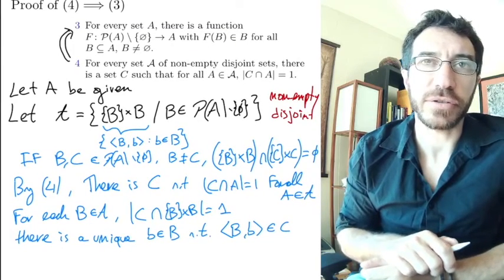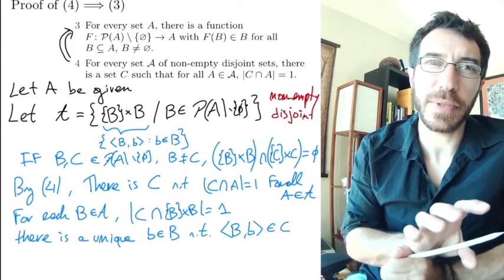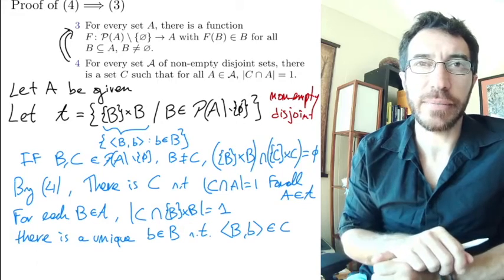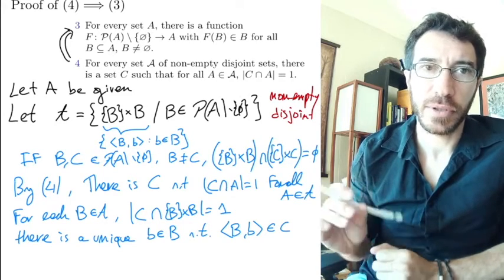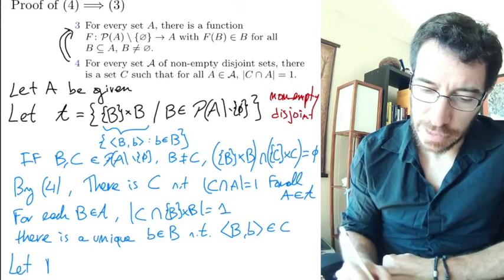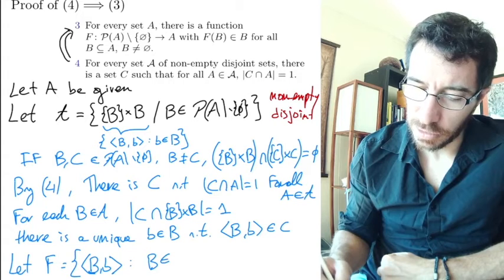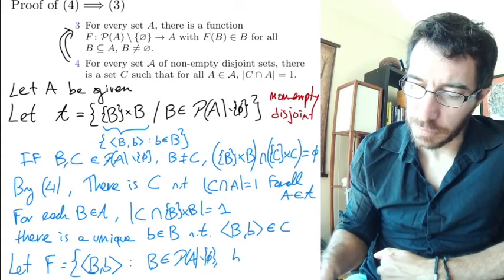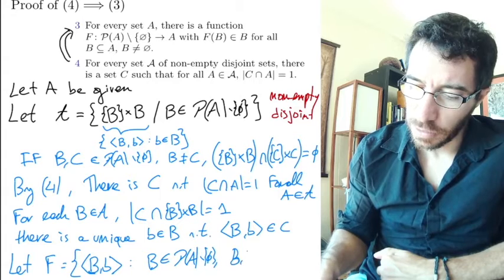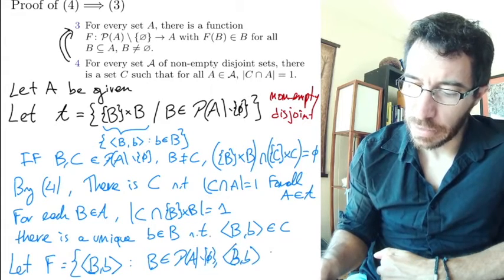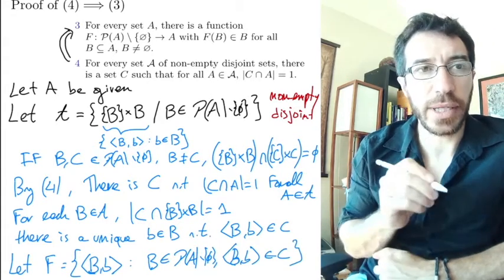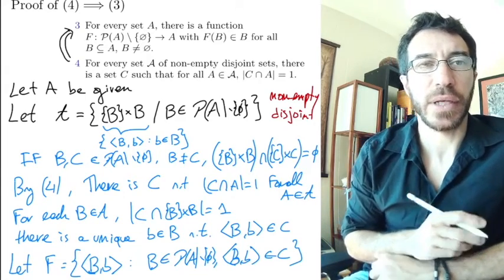So now we have a function, so that each B maps to a little b in B. So let F be the set of pairs B comma b such that B belongs to the power set of A minus the empty set, and B comma b belongs to C, which is a unique one. That's the image that we want.